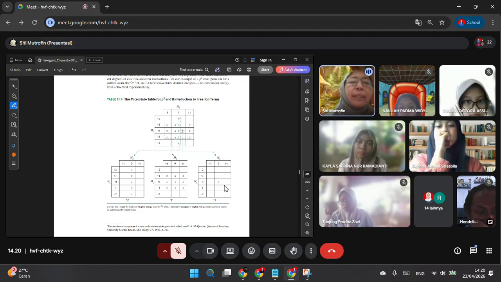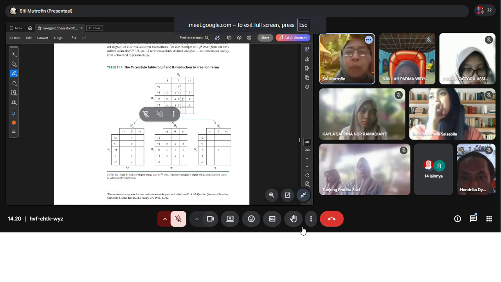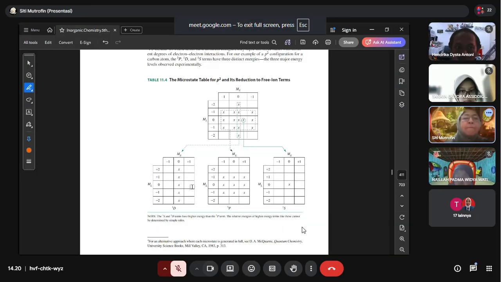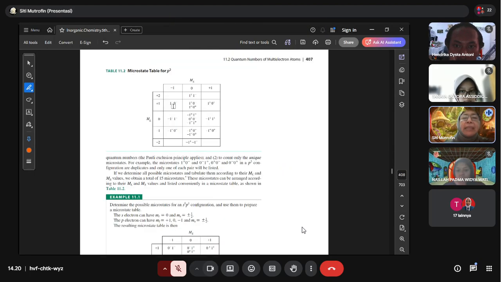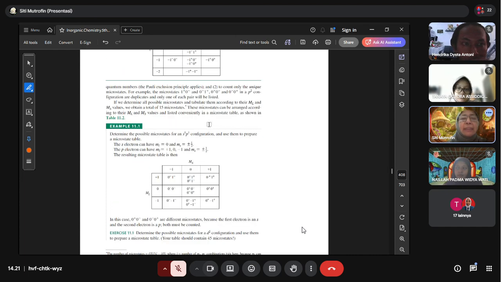First of all, you have to replace every microstate in table 11.2 with a small x, representing 1 minus, 0 minus, 1 plus, 1 minus, and so on.